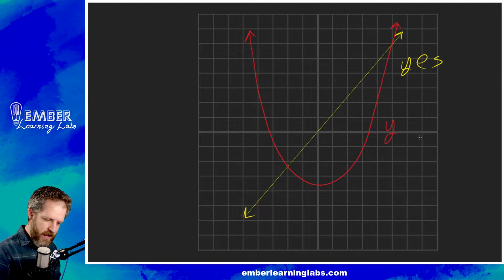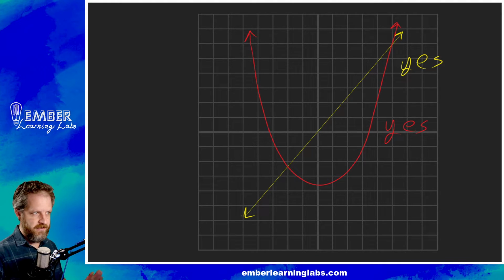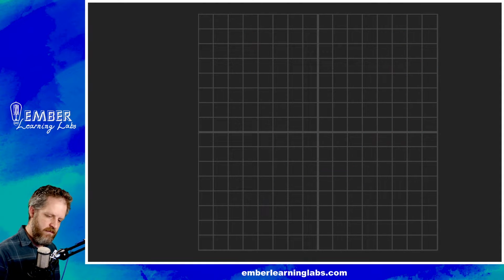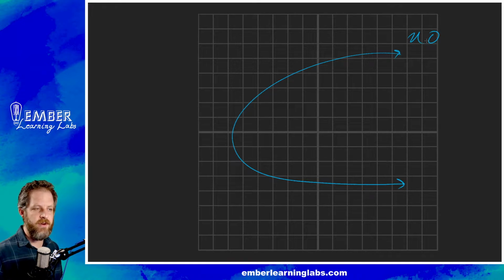This is also a yes. Okay. What about, I'll explain in a second. So hold on to your hats. What about this one? This one is a no. That one is not, in fact, a function.